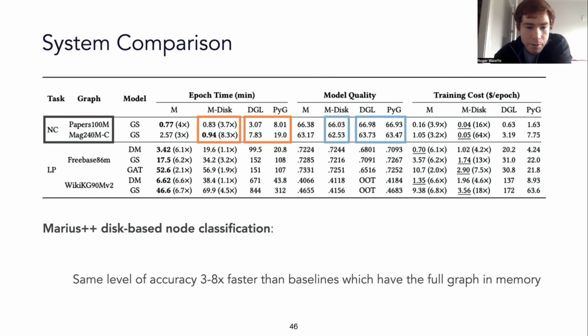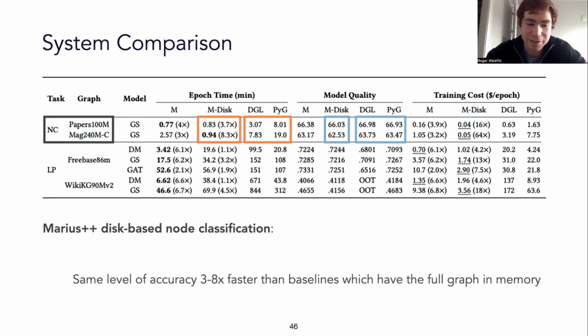But Marius++ can also train these large graphs using disk-based training on a smaller, cheaper machine using our two-level policies, shown as Marius disk in the table, or M-disk. And even with this disk-based training, Marius++ reaches a similar level of accuracy 3 to 8x faster than DGL.